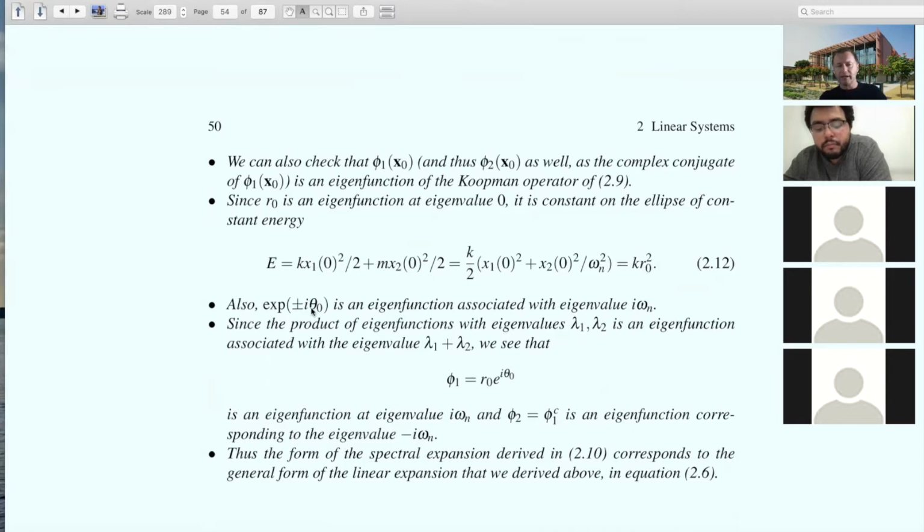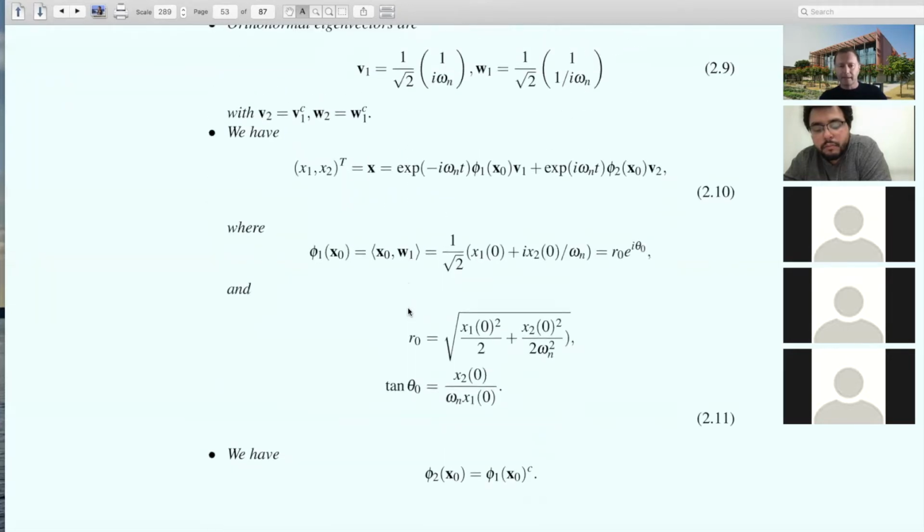Now, e to the I theta 0 is also an eigenfunction associated with eigenvalue I omega n. If you remember from your vibrations class, theta dot is equal to omega. So when you take a time derivative of e to the I theta 0, it gives you I omega e to the I theta 0. So that's another eigenfunction associated with eigenvalue I omega n.